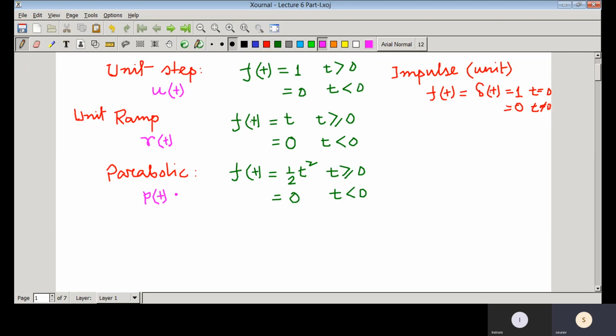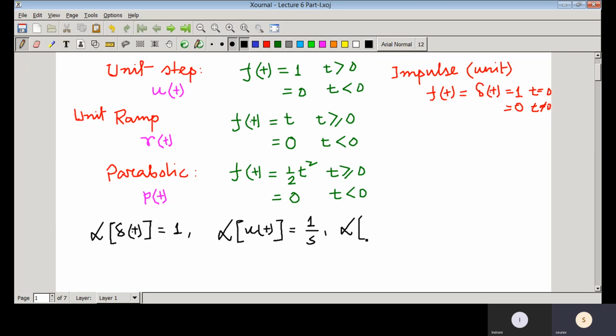So what would be the Laplace transform of those standard signals? The Laplace transform of delta(t) equals 1. You know all of those things; I am just discussing them to recapitulate what you have studied in signals and networks. The Laplace transform of the unit step is 1 by s, where s is the Laplace variable.